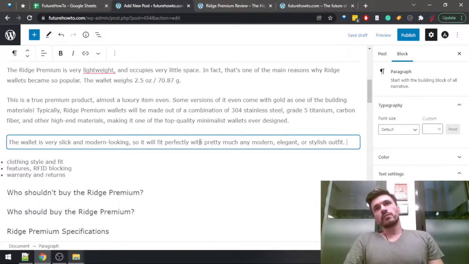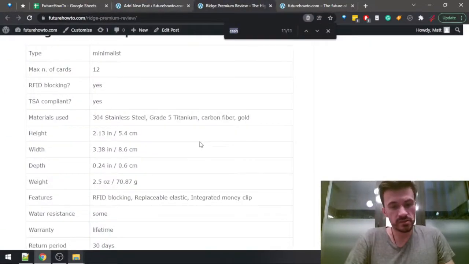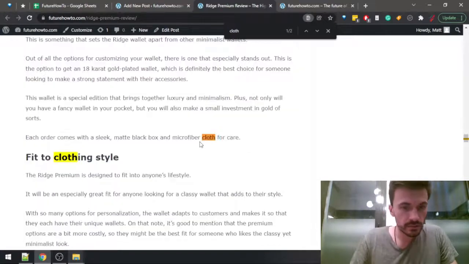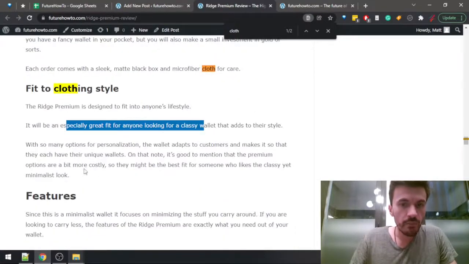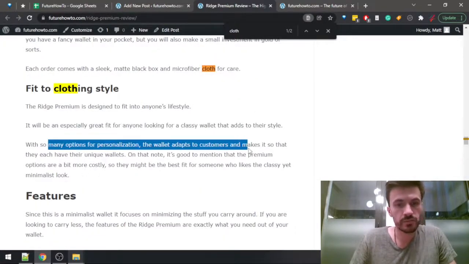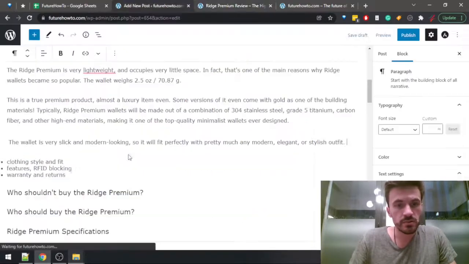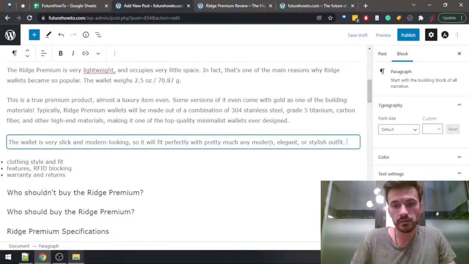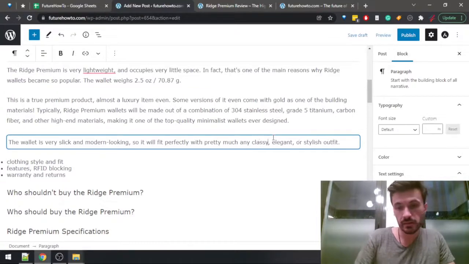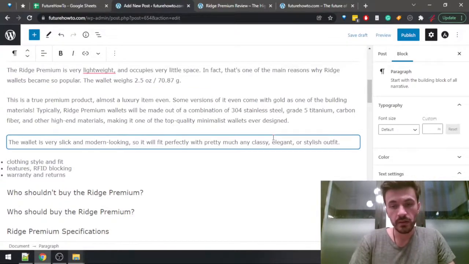Maybe we can add one more thing. Let me just see what I have in here. Classy personalization. Okay, classy, elegant, or stylish outfit.